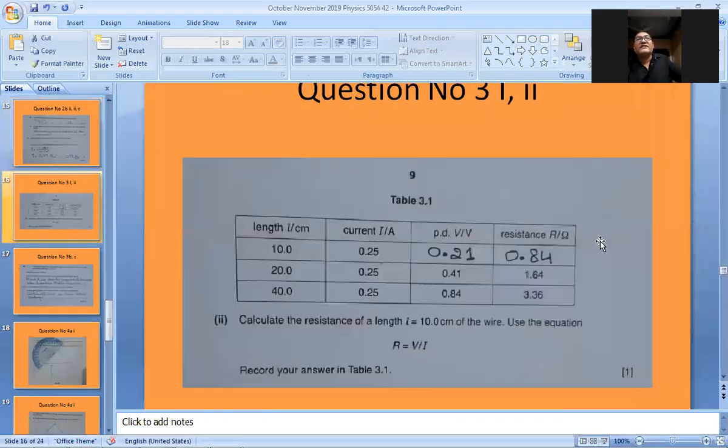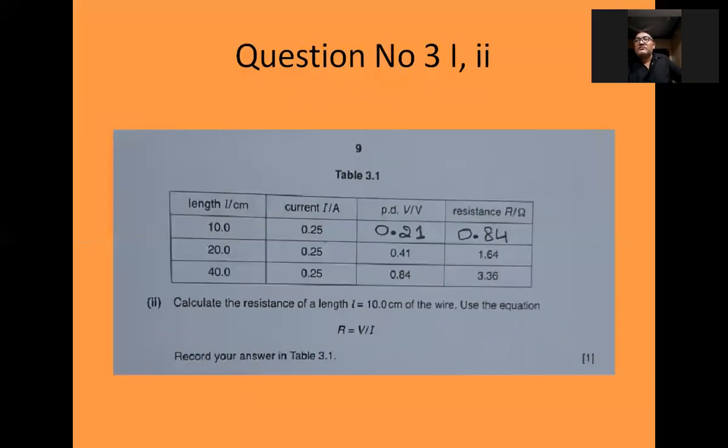So let me show you my answers. You can see here, I put down 0.21 volt. The reading of the voltmeter is 0.21 volt, and the current is 0.25 ampere.